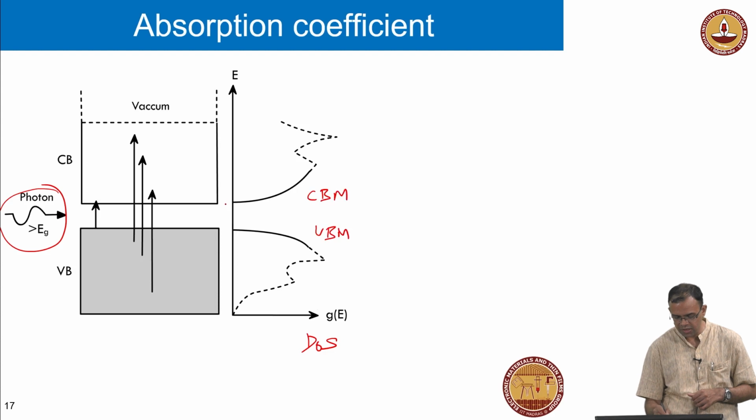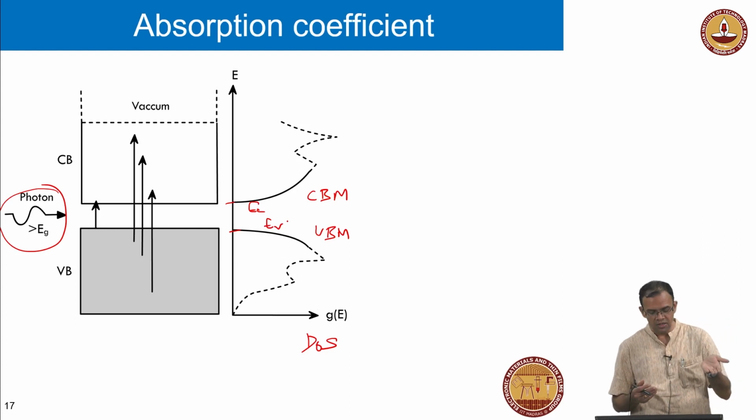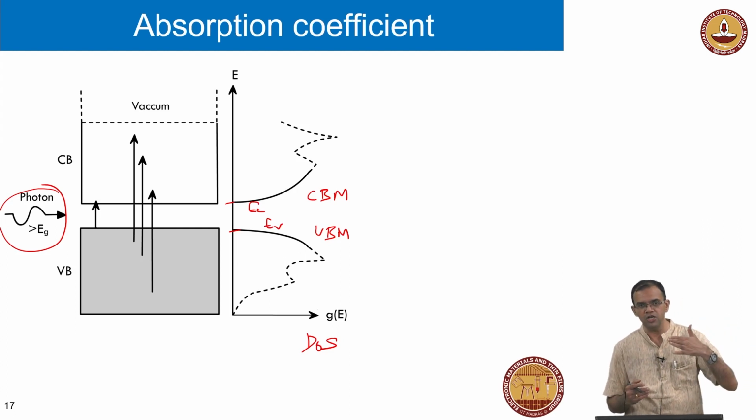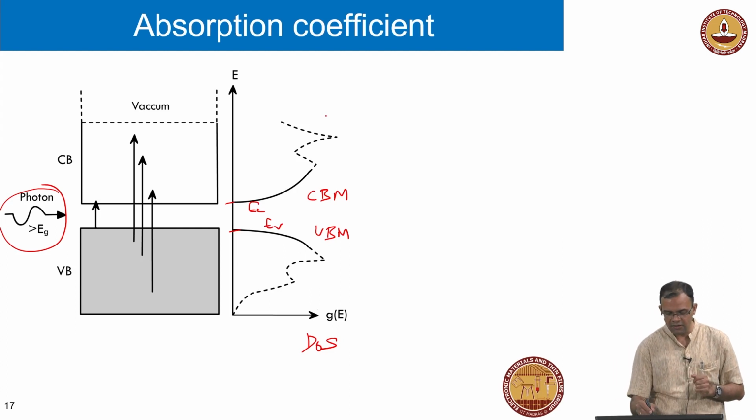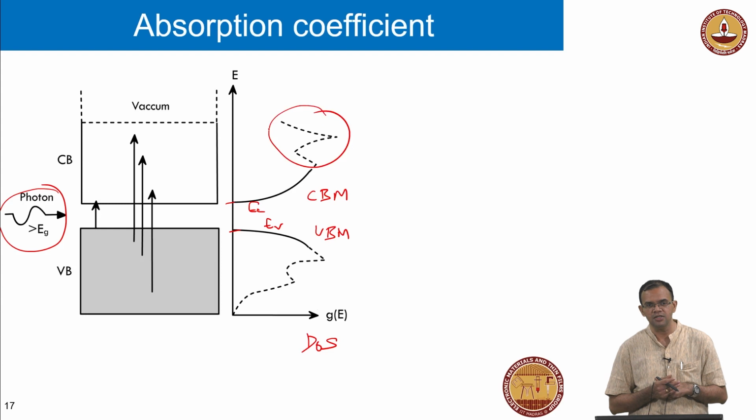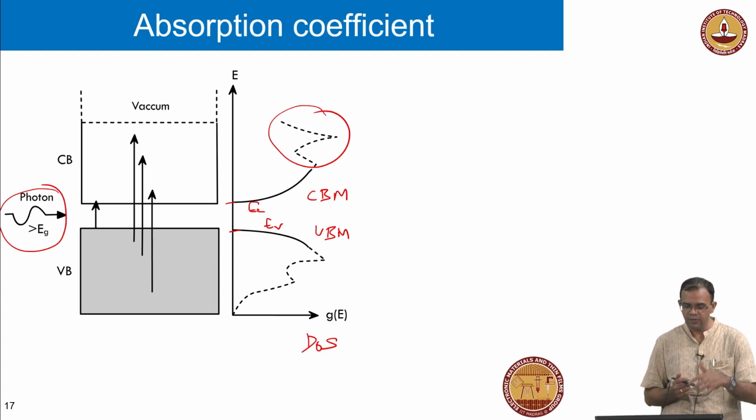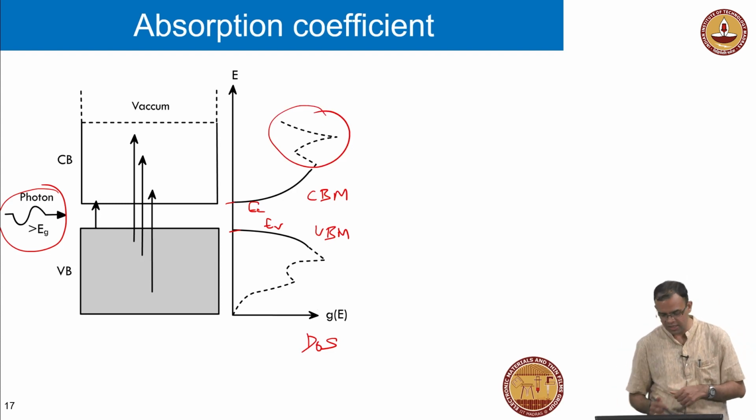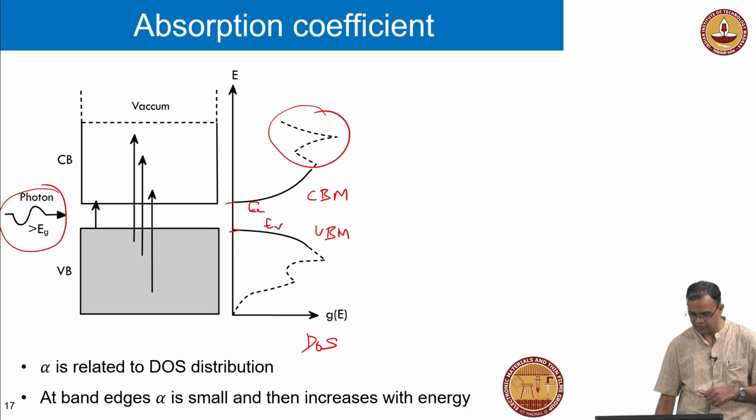So this represents the band edge, EC and EV. Beyond EC and EV, whether you have a uniformly or a monotonically increasing density of states, or you have some functionality depending on the semiconductor, that information can also be mapped by the absorption measurements.